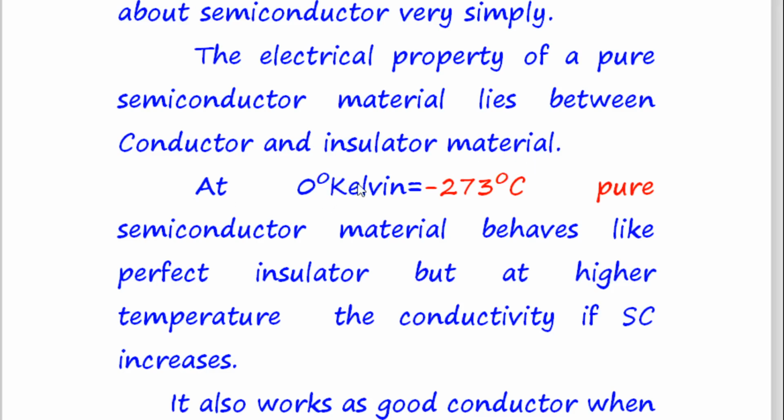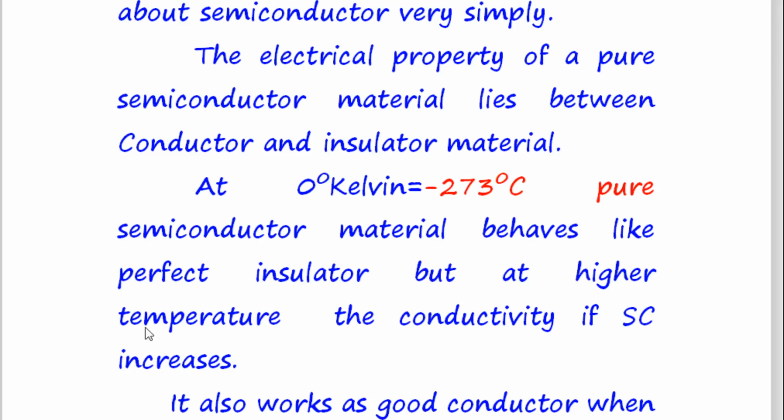At 0 degree Kelvin, which is equal to minus 273 degrees centigrade, this is important. At 0 degree centigrade, water gets converted into ice, and this is minus 273, which is very low. So at 0 degree Kelvin, pure semiconductor, that is silicon and germanium, behaves like a perfect insulator. They do not conduct at all if you put silicon and germanium at minus 273 degrees centigrade.